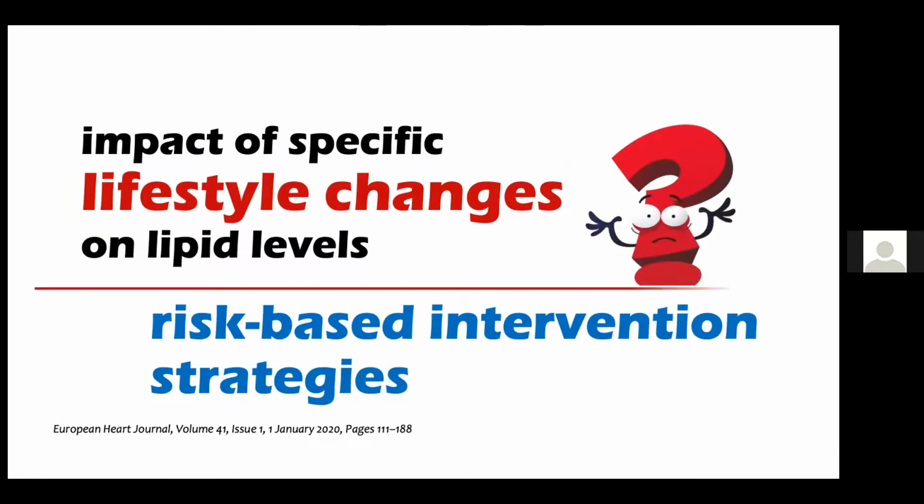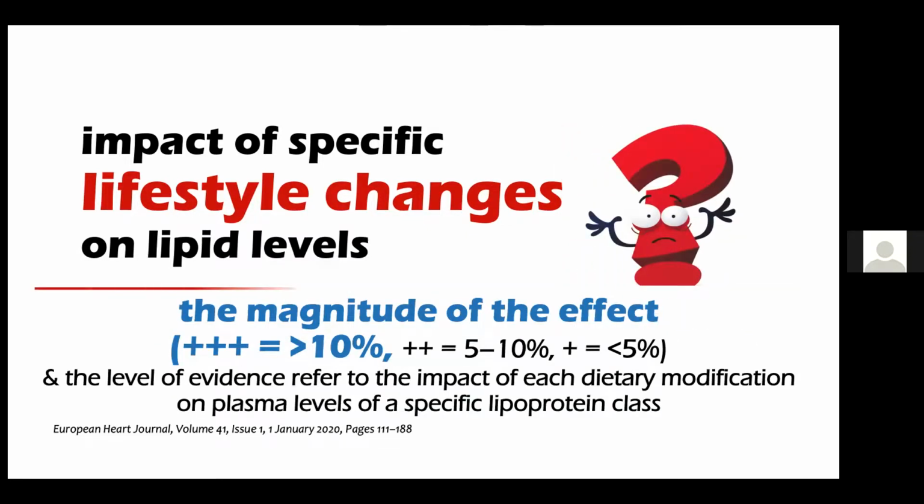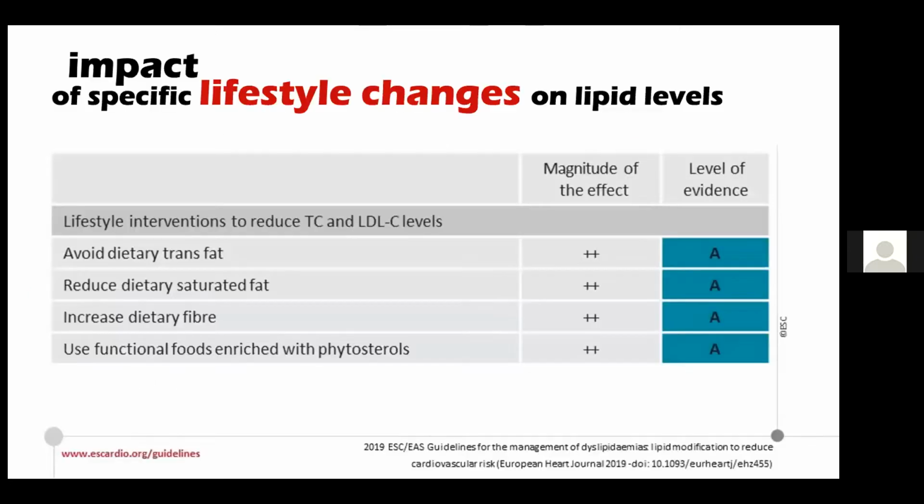Just visiting the lifestyle changes and the impact on the lipid, the magnitude of effect for those measures that are very, very effective is that they can only reduce by 10% or more. Which measures are the most effective?